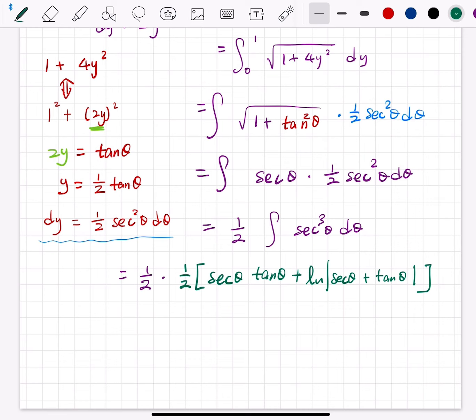Okay, just in case you have questions about the secant cubed portion, we're going to let u equal secant theta, du is going to be secant theta tangent theta, and dv is secant squared theta d theta, then v is going to be tangent theta.